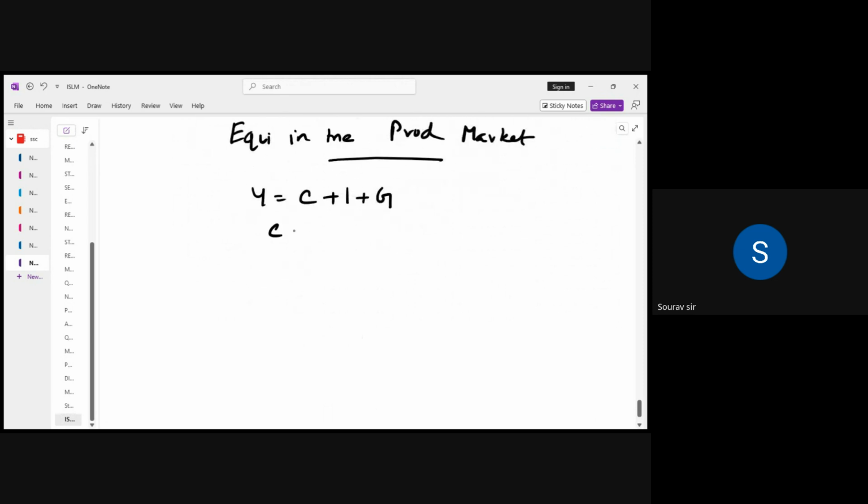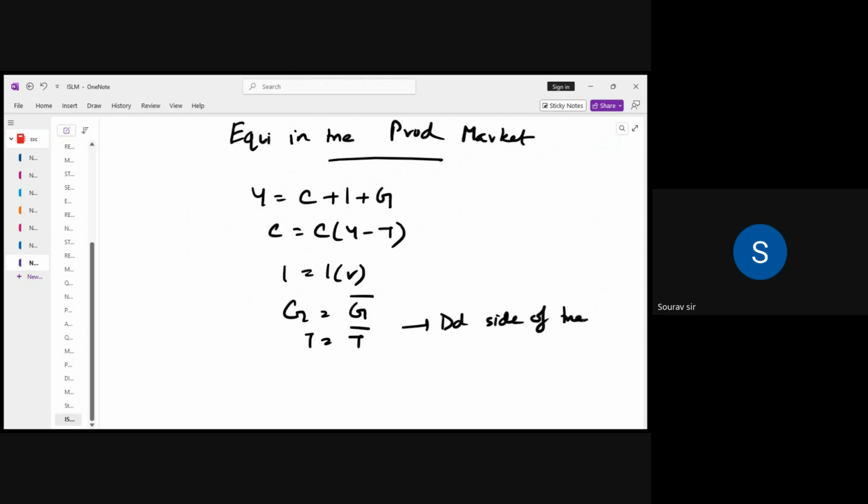C is equal to C of (Y minus T), I of R, G bar, and T is T bar. What does this equation represent? The demand side of the economy, where the demand for the economy's output comes from C, I, G, and each component of aggregate demand has its own determinants.